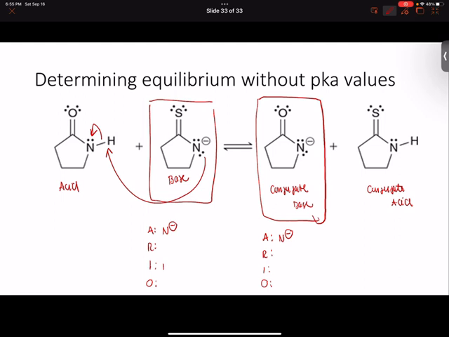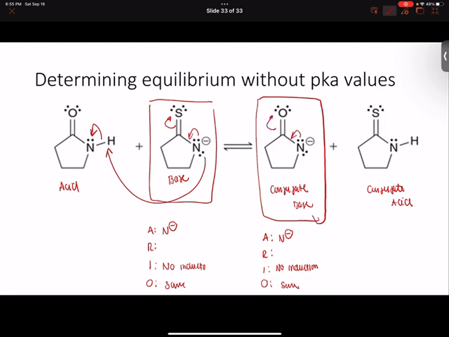Okay, so we have no induction. Our orbitals are the same for each one because it's going to be placed on a negative nitrogen. So then resonance. They both have the same resonance if you think about it. It's going to go from here to here and here to here.